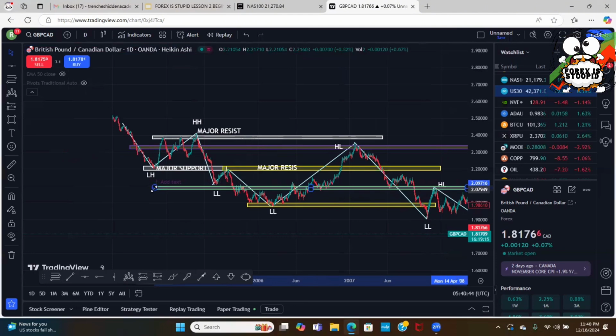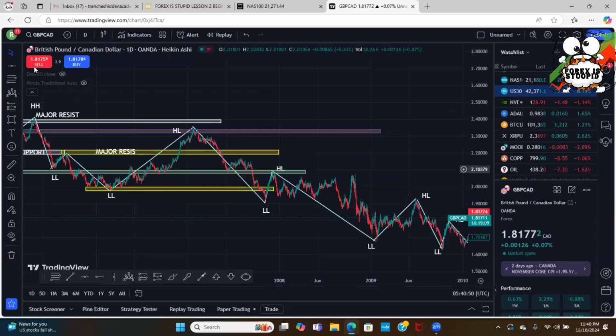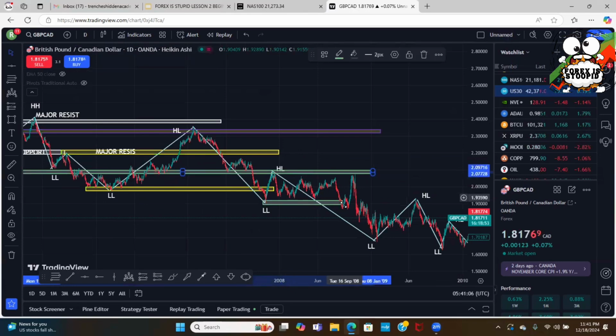All right, new high followed by a new low. In order for price to break any of this, it has to create a high that's higher than this high, or it has to go into a new low that's lower than this low.